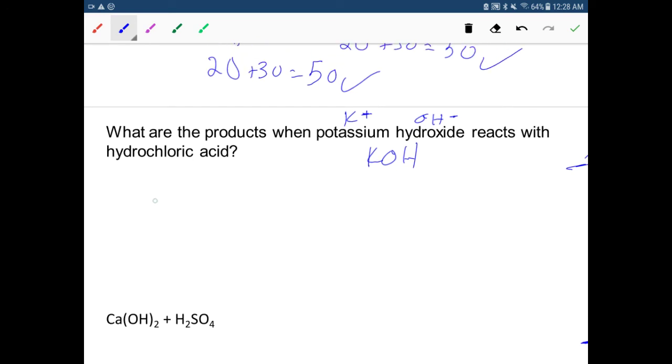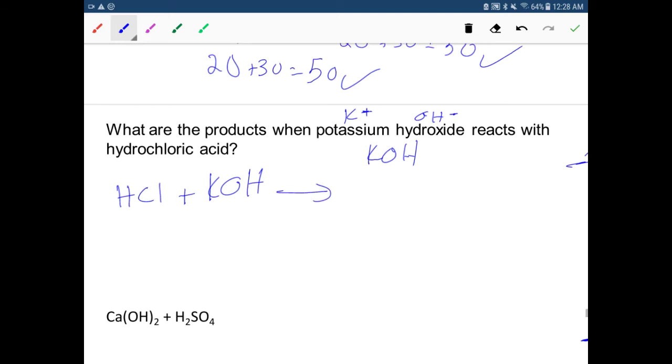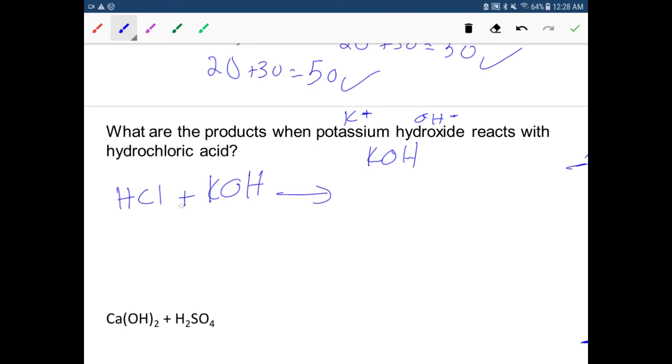All right, so let's write our reaction. It's going to be acid plus base, so HCl plus KOH. They will produce. All right, so right away you know this is a neutralization reaction because it's between an acid and a base. All right, and remember, these are double replacement reactions.